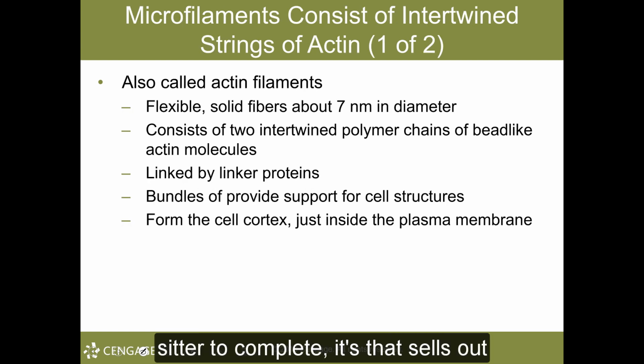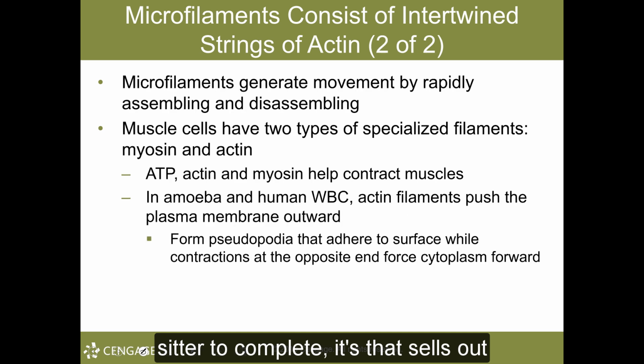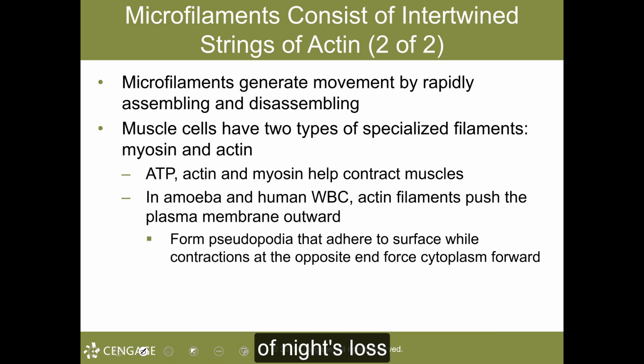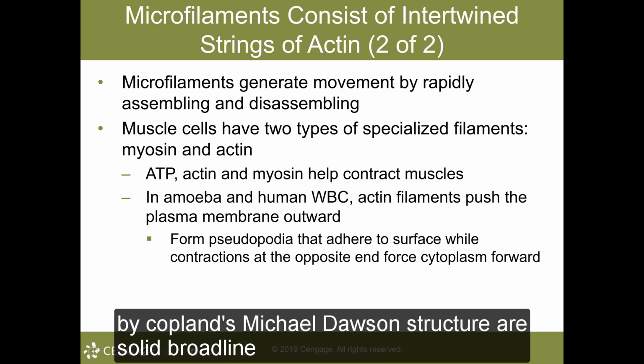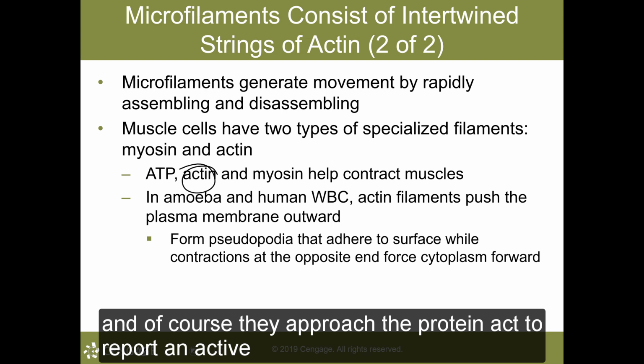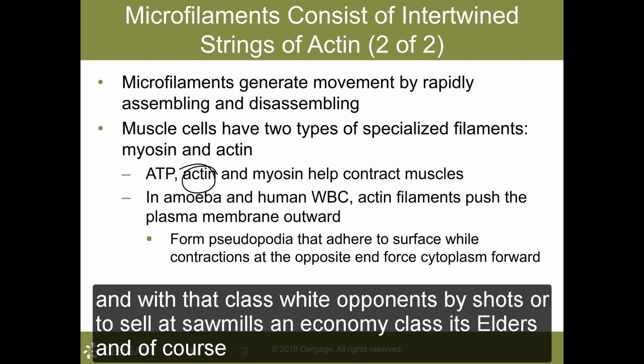Up next, class, microfilaments. The microfilaments in structure are solid, rod-like, and of course made of protein, the protein actin. And with that, the microfilaments provide structural support to the cell and cell organelles, and even movement in cell division, and of course movement of organelles.